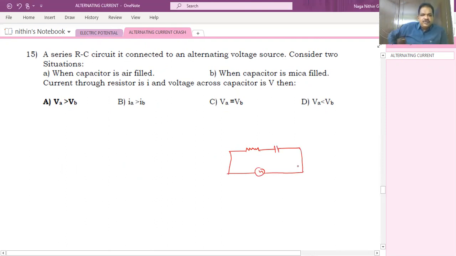Consider two different situations. In one situation, the capacitor is air filled. In another situation, the capacitor is mica filled. Here air is there. In the second case, the gap between the plates is filled with mica.